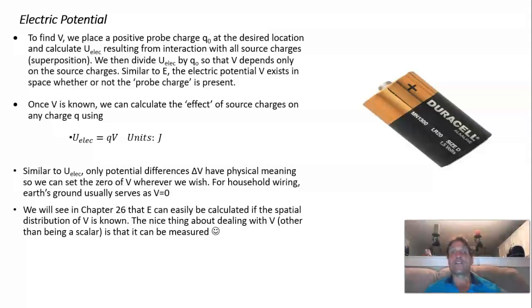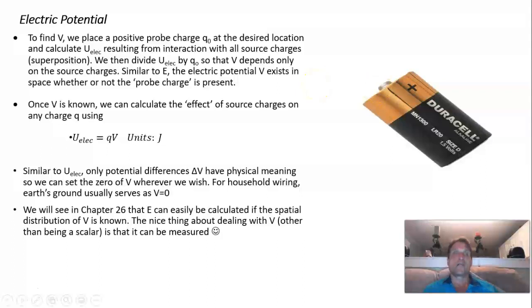The second reason is once we get V, we can get E very easily from the spatial change in V. So if we can calculate V at all these different points, we can get the electric field very easily. So it's just a lot easier to deal with the voltage than with the electric field or electric potential energy.